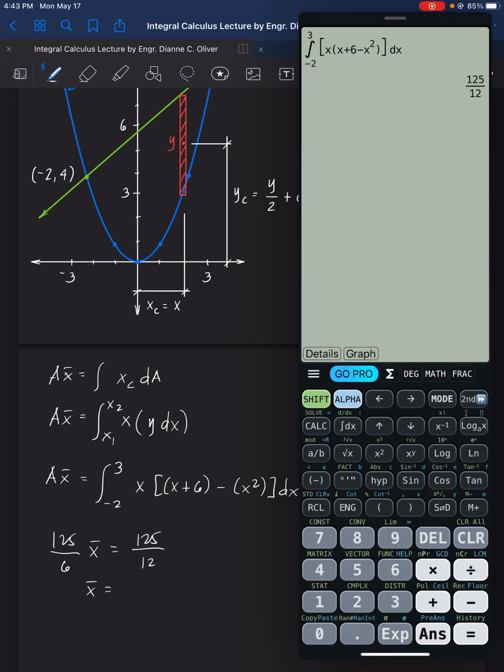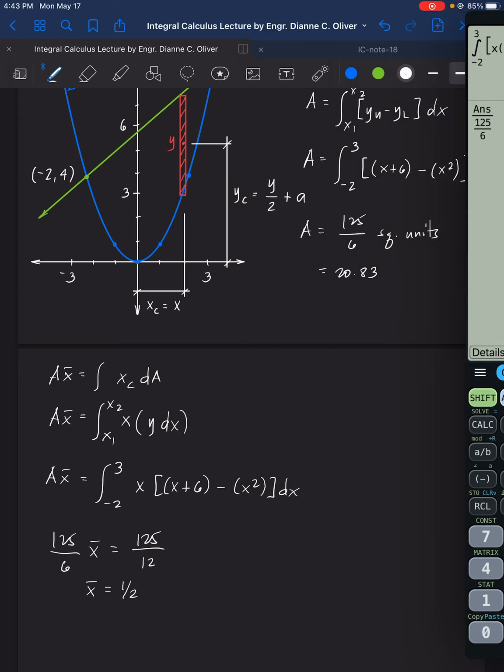So x bar now is equal to the answer divided by 125/6, which equals 1/2. So x bar is equal to 1/2.